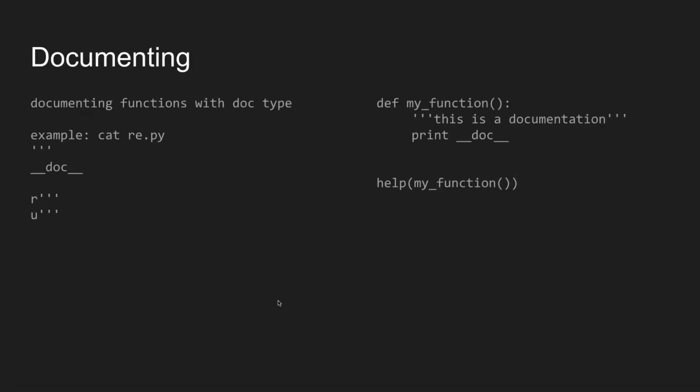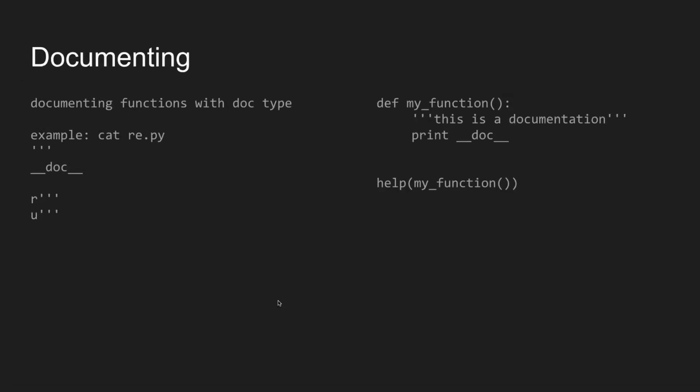A good example of documentation is the re module, the regex module, which has pretty good documentation. You'll see the doc string at the very top, and then every function has a little doc string right after its definition.